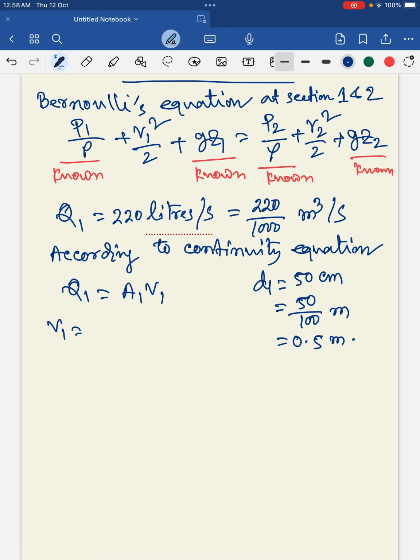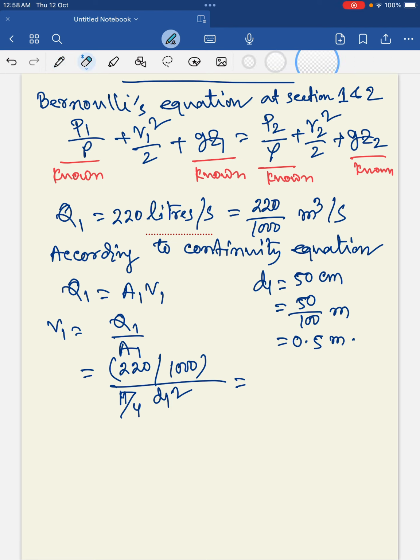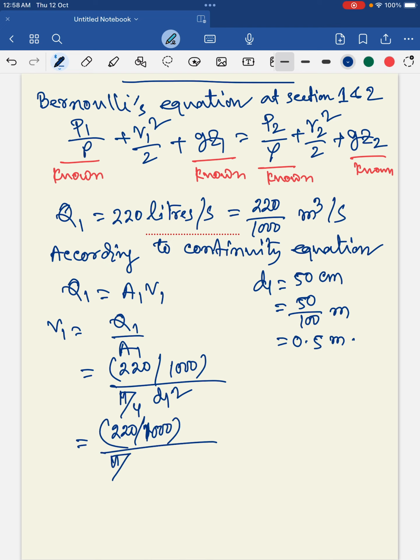V1 will be Q1 by A1, so 220 divided by 1000, divided by A1. A1 is pi by 4 D1 square, so that is 220 divided by 1000 divided by pi by 4 times 0.5 square.